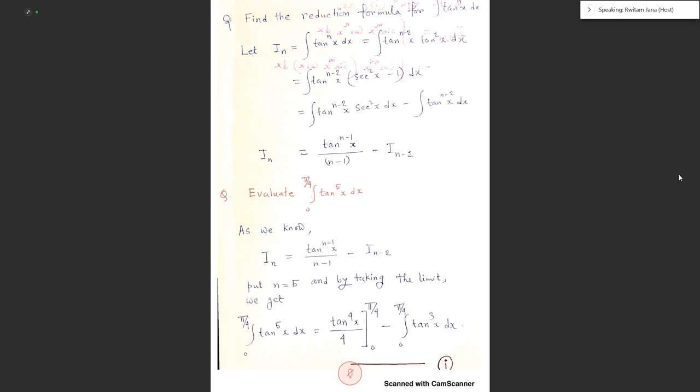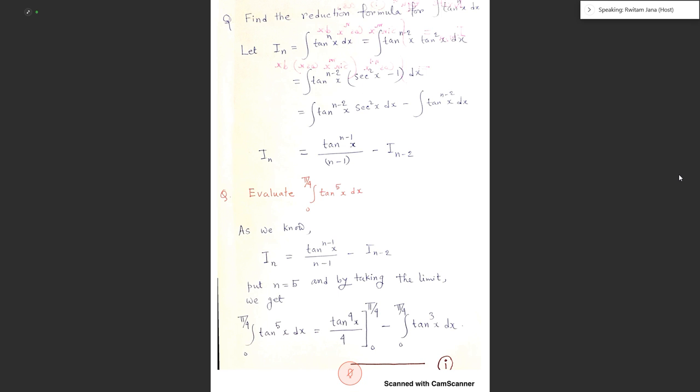Take tan x equals z, and it will give sec square x dx equals dz. So ultimately it becomes integration z to the power n minus 2 dz, and by putting back the original value of z, you will get I n equals tan to the power n minus 1 x divided by n minus 1 minus I n minus 2.